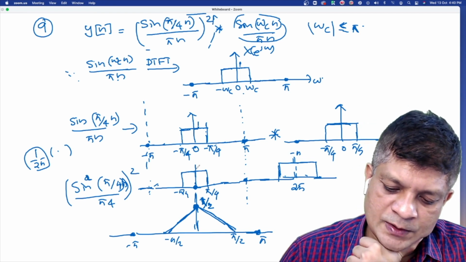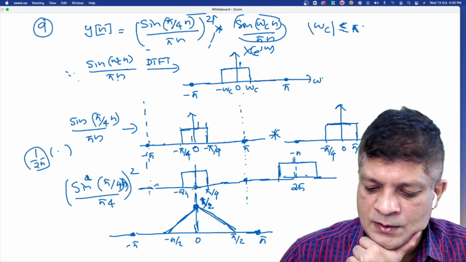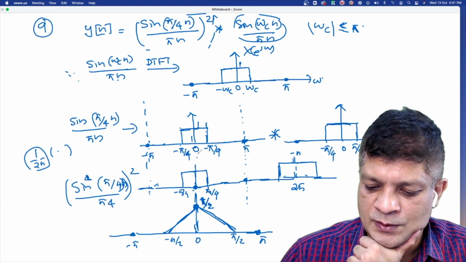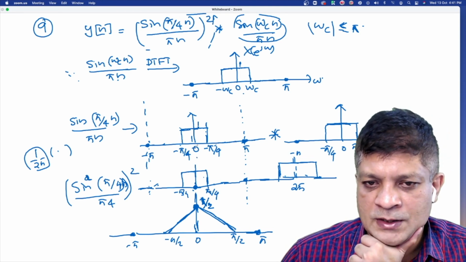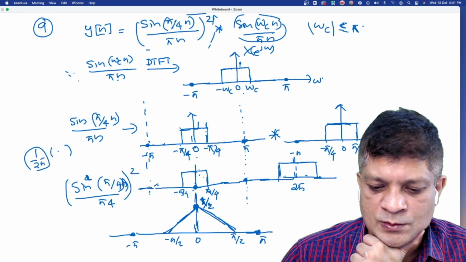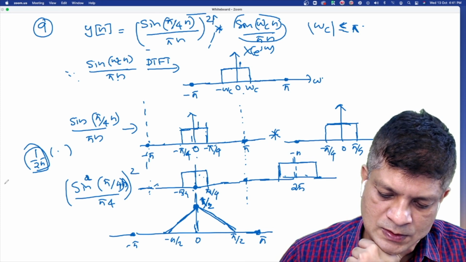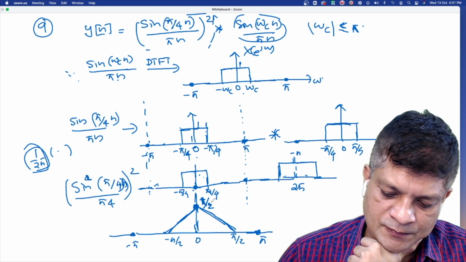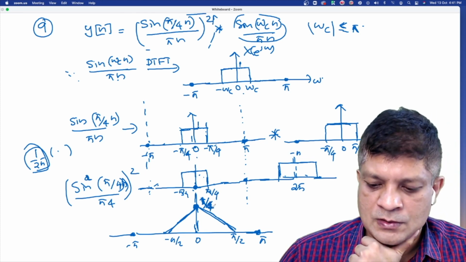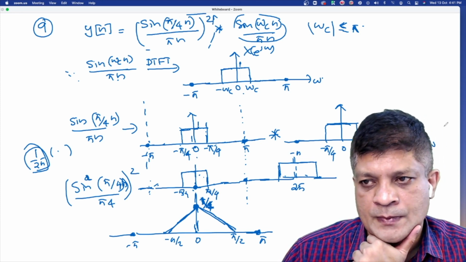What is the value of the convolution at 0? It has maximum overlap when omega is 0, and the width is pi by 2, so you multiply these two and get a rectangular pulse of width pi by 2. So the area is pi by 2, and there is a scaling factor. Is it 1 by 4? Yes, it is 1 by 4.